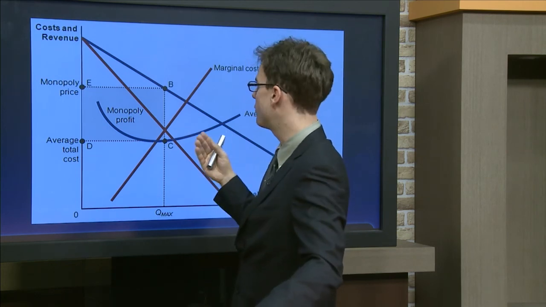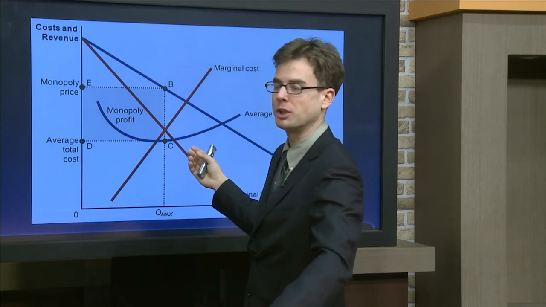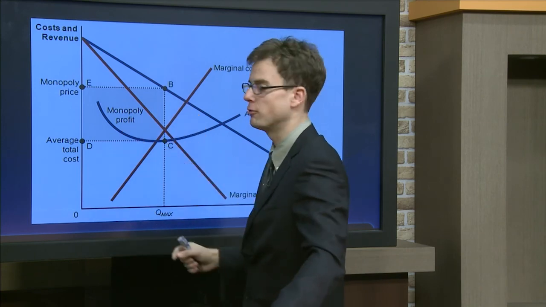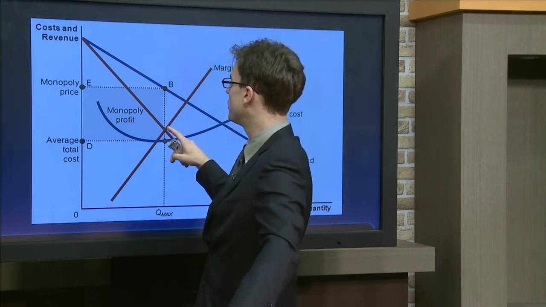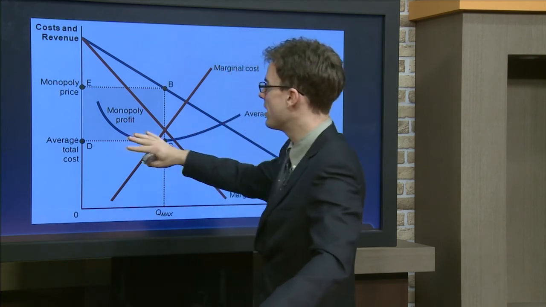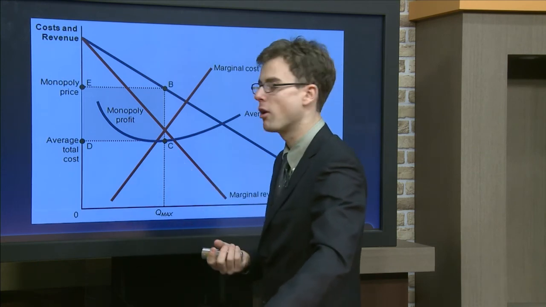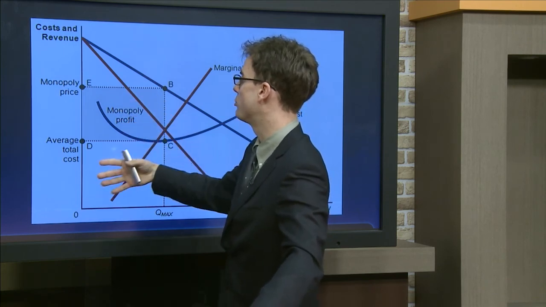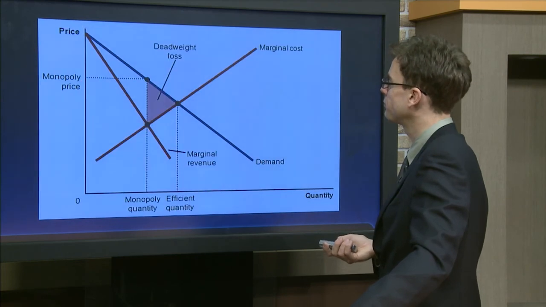Producer surplus is the difference between revenues and variable costs of production, because the marginal cost curve only tells us the variable costs of production. So if we drew producer surplus in this graph, we would get a little bit different amount than profit for the monopolist because of fixed costs of production. We can say that the difference between profits and producer surplus of a company is the fixed cost of production. Okay.